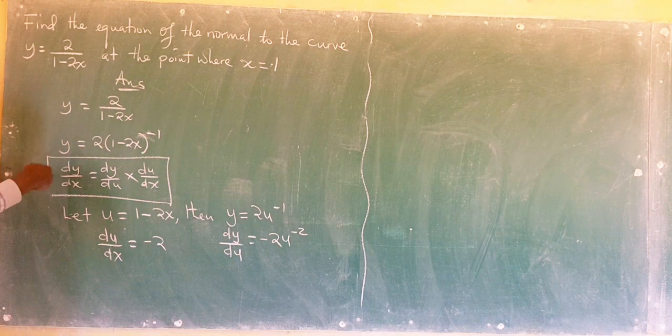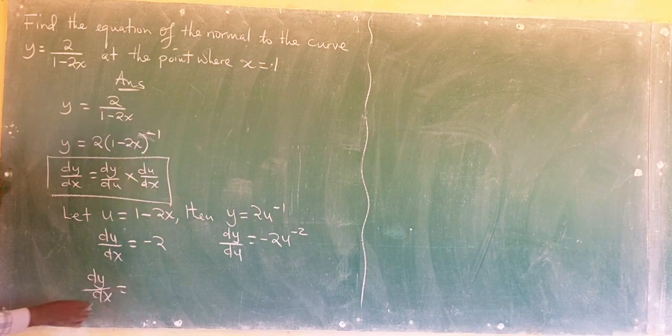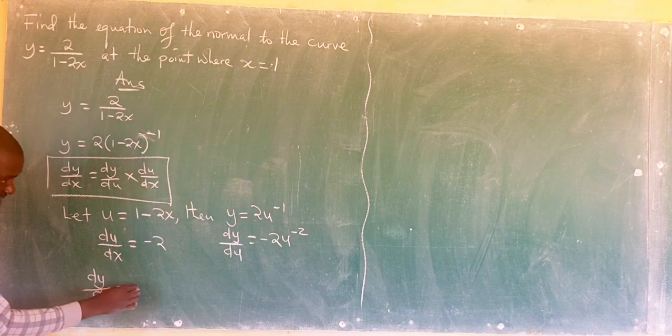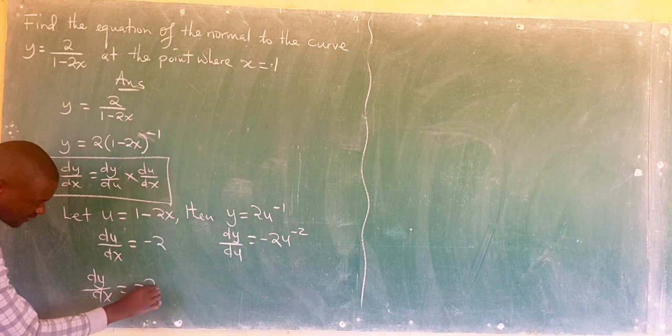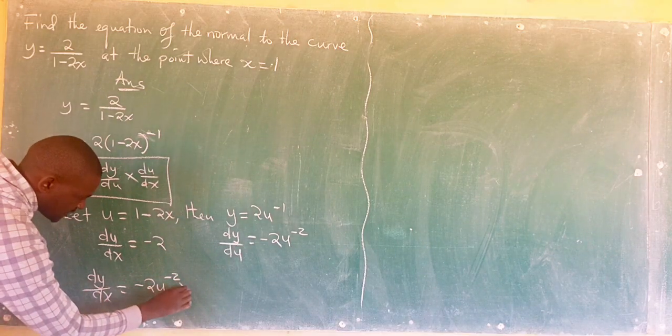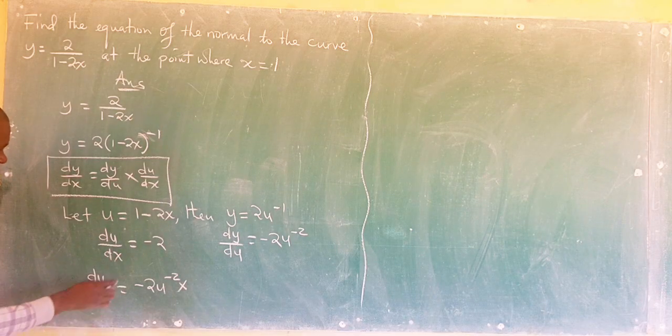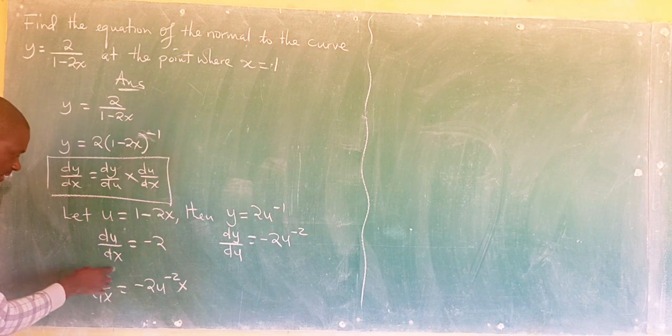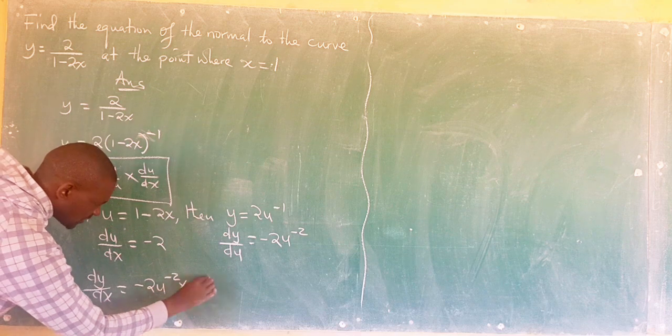And then if we apply the formula, our dy/dx will simply be dy/du, that is negative 2u to the power negative 2, times du/dx, that's negative 2.